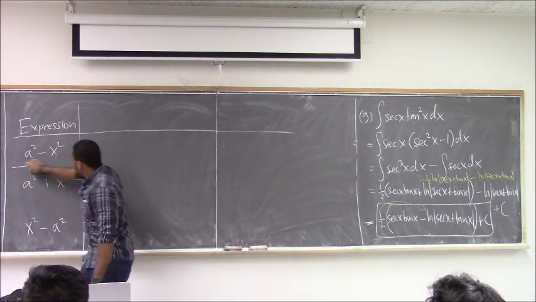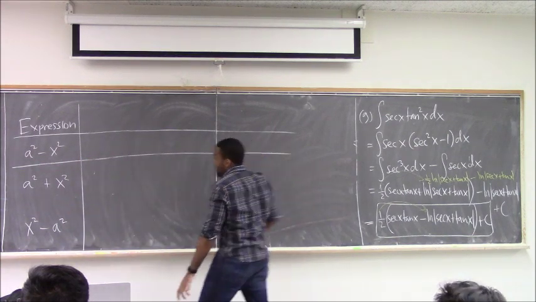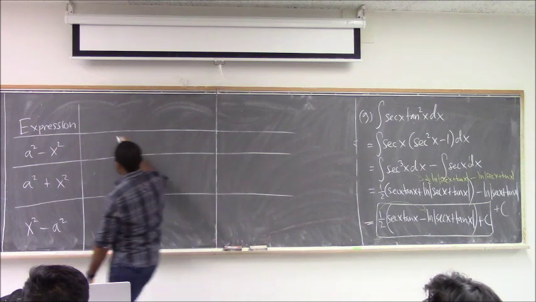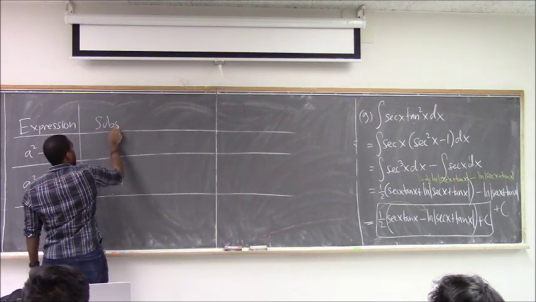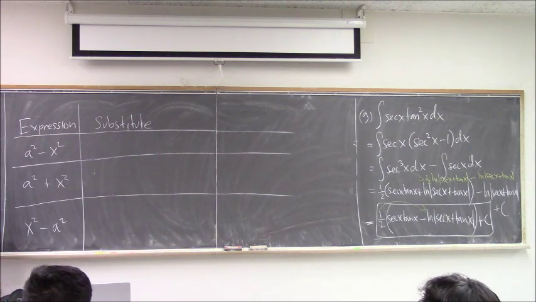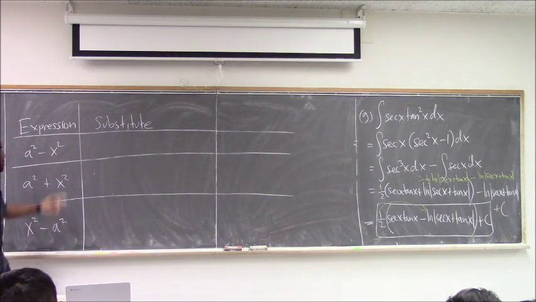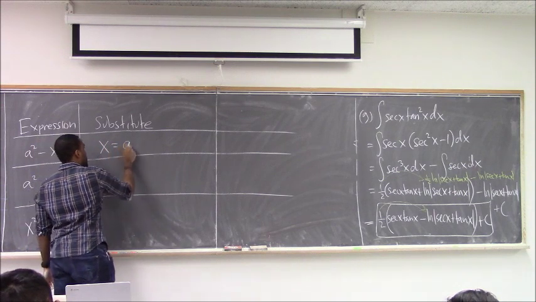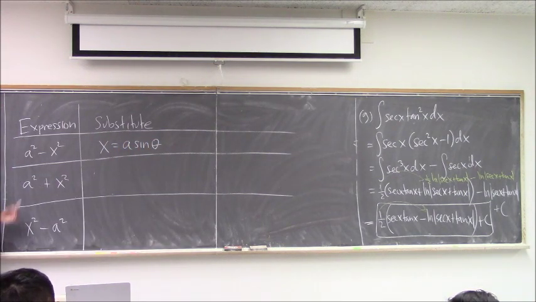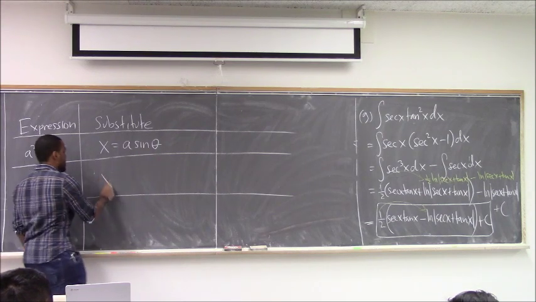Now, it turns out, whenever you see that expression, it may be the case that a very convenient substitution will be in play. Namely, the substitution, let the x look like a sine function. You would substitute x equals a sine theta. In here, let the x behave like a tangent.